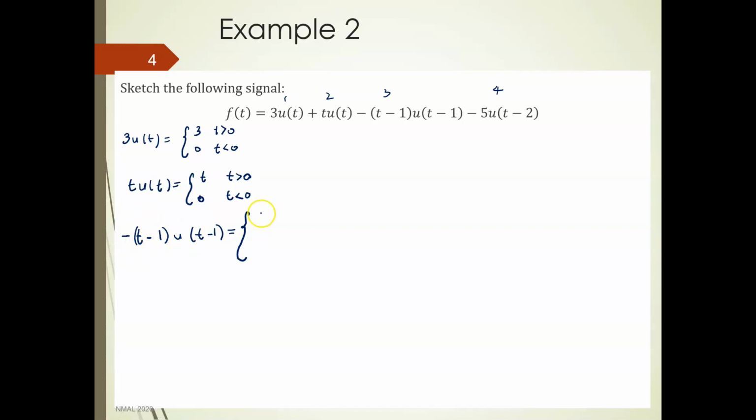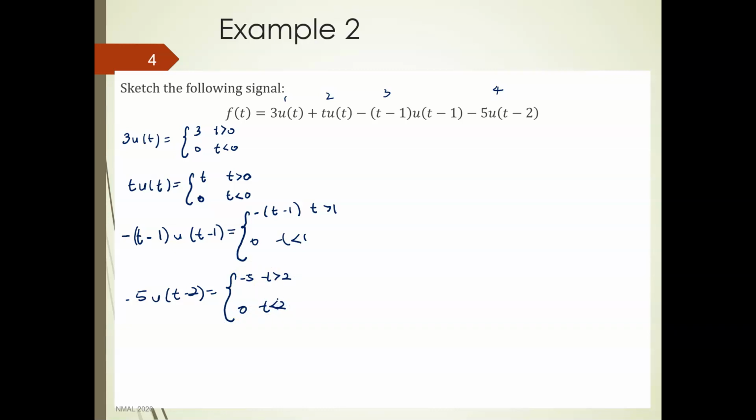So this is negative (t minus 1) when t is bigger than 1, because it has a time shift by 1, and 0 when t is less than 1. And we have another function here, negative 5(t minus 2), which is equal to negative 5 when t is bigger than 2, and 0 when t is less than 2.